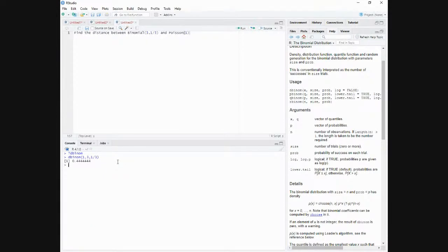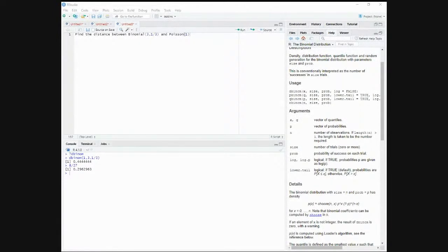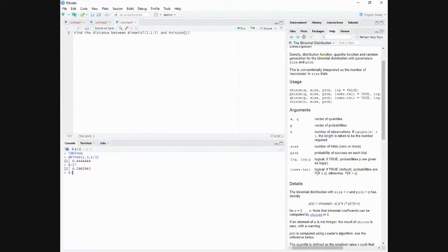It gives 0.44. What was the probability of 0? It was 8 by 27, right? Oh, did I make some mistake? Let me go back. It was 4 by 9. Let's check. Yes, you can see it's 4 by 9.